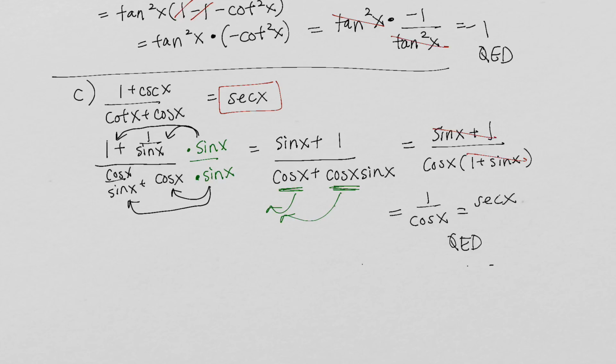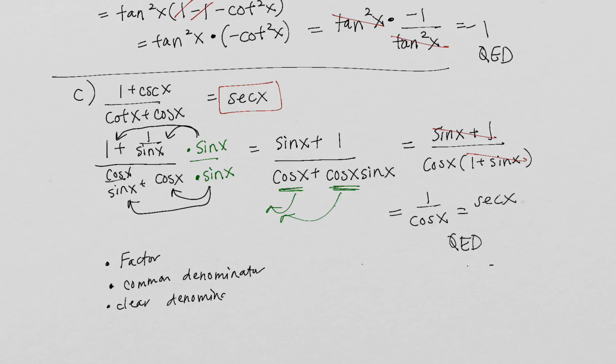These are like the trickiest types of problems from this whole chapter, in my opinion, because there are so many different types of algebra strategies you have to use. So if you're stuck, try factoring, try finding common denominators, try clearing the denominators if it's a complex fraction.